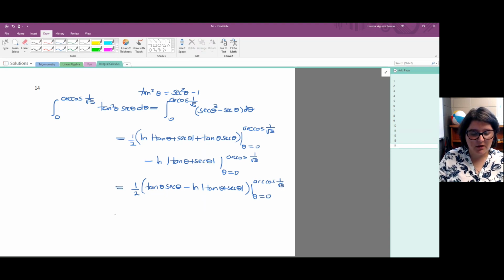And once we evaluate those functions at the inverse cosine of 1 over root of 5 and subtract the value of those functions at 0, what we get is the value root of 5 minus 1/2 of ln of 2 plus root of 5.